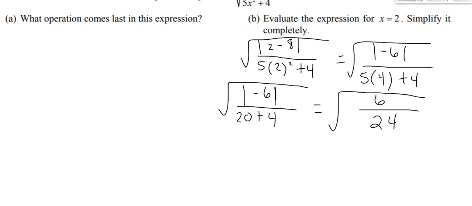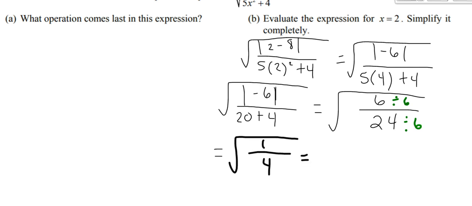Now, can I reduce the square root of 6 over 24? No, because not both of them are perfect squares. However, I can take the square root of 6 over 24 and reduce it as a fraction. I look at 6 over 24 and realize that both of these could be divided by 6. If I divide both by 6, remember I still have this radical here. 6 divided by 6 is 1, over 24 divided by 6 gives me 4.